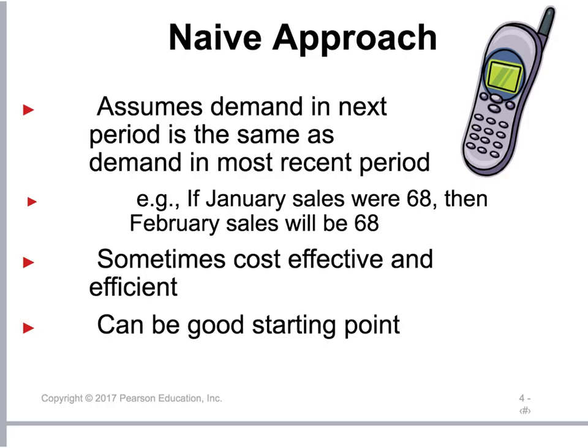You have the naive approach. It assumes demand in the next period is the same as the demand in the most recent period. So the example here is that if in January the sales were 68, then in February the sales will also be 68. It's sometimes cost effective and efficient, and it can be a good starting point. So ideally, you use a naive approach if you have a new business.